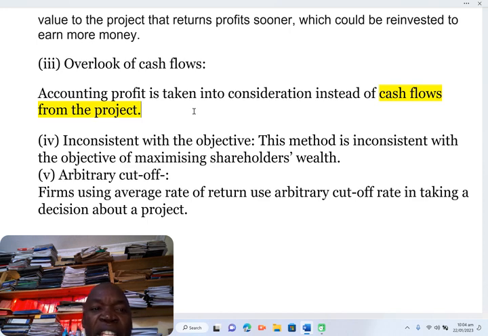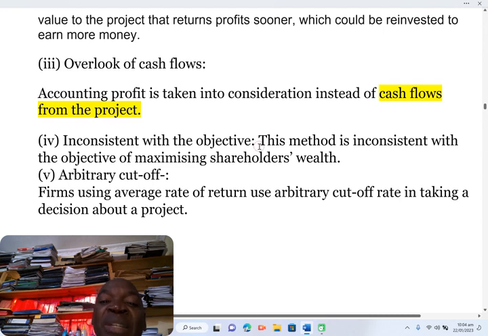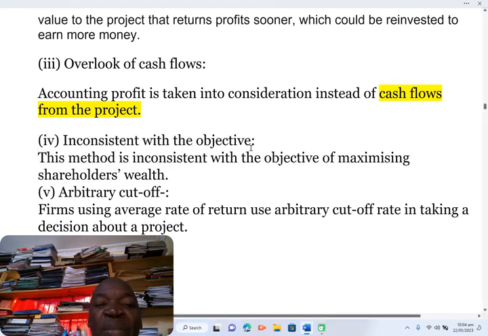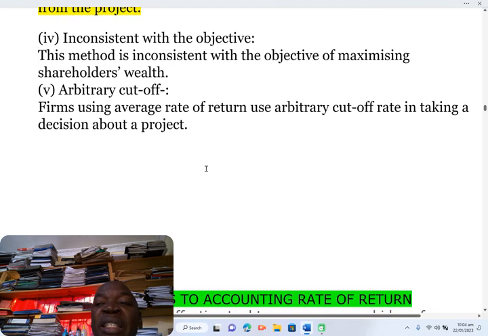Again, this method is inconsistent with the objective of maximizing shareholders' wealth, the owners of the company. Rather, it has its own meaning of measurement.